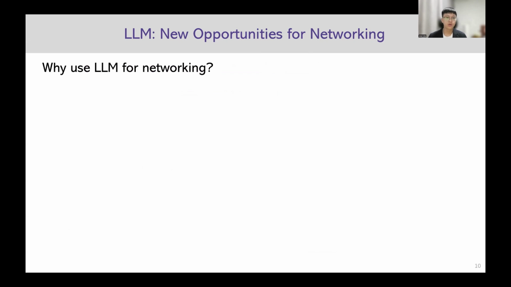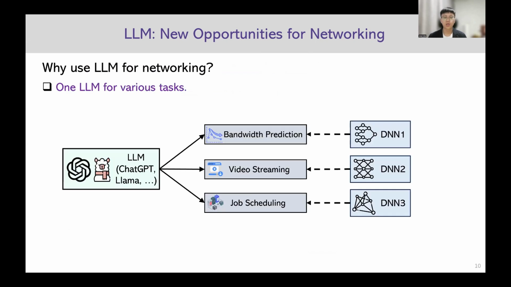So why should we use LLM for networking? There are certain benefits of doing so. First, we can use one LLM for various tasks for networking. This means that we no longer need to handcraft specialized DNN models for different networking tasks, and therefore we can significantly reduce the model engineering overhead.